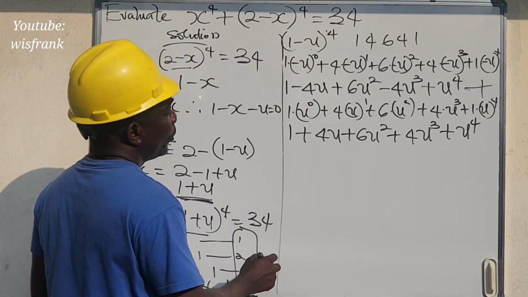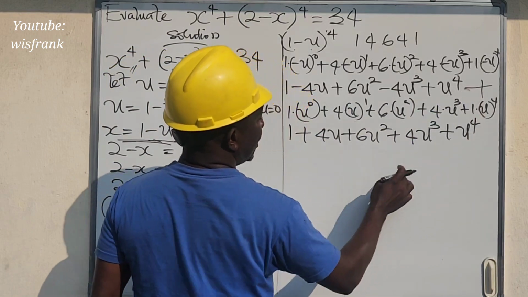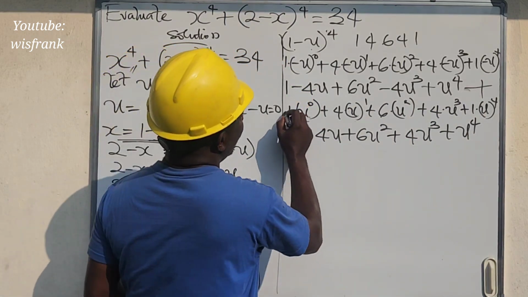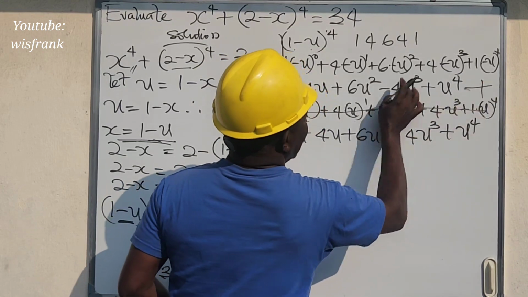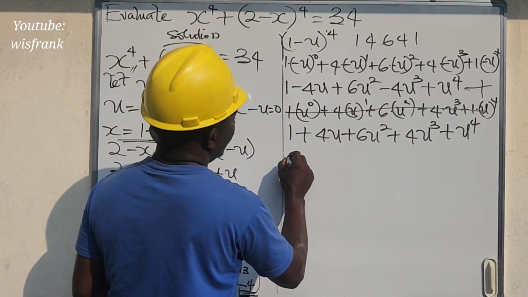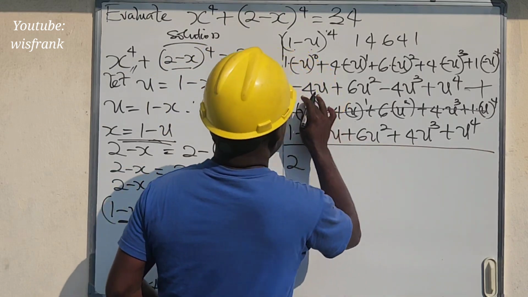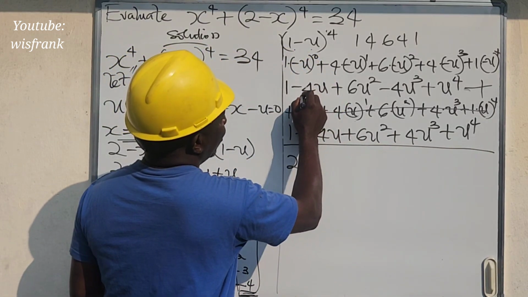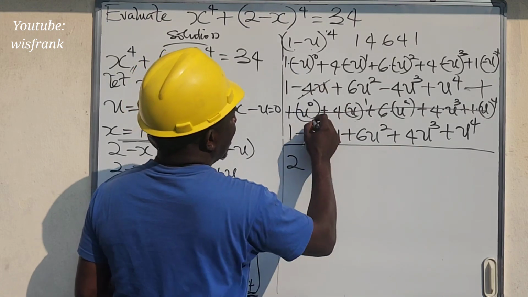So what we are going to do is add the two of them. Adding this and this, 1 plus 1 will give us 2. Then −4u plus 4u will cancel each other.